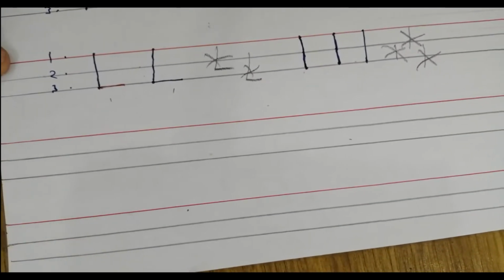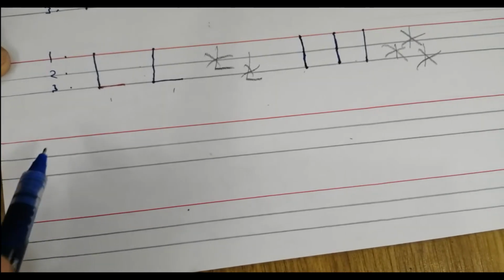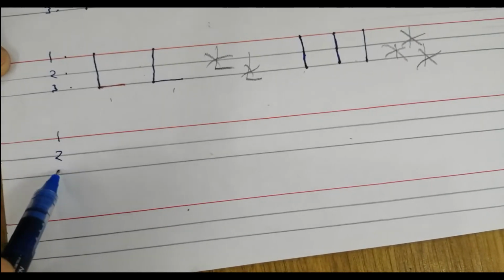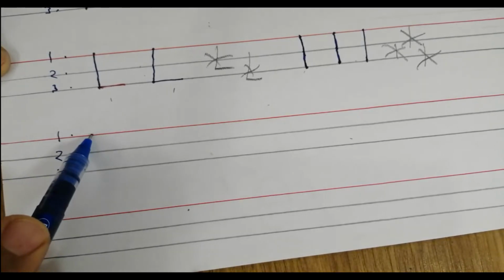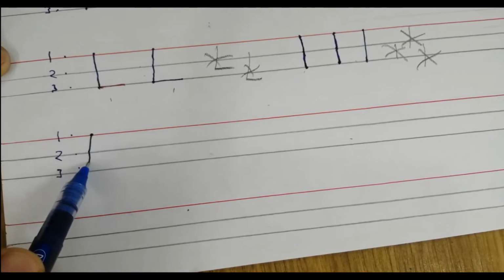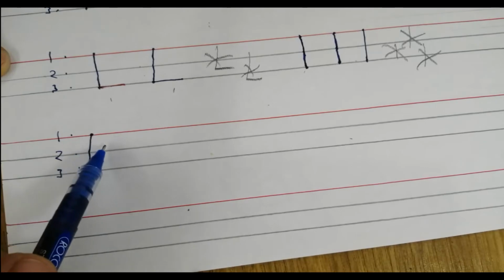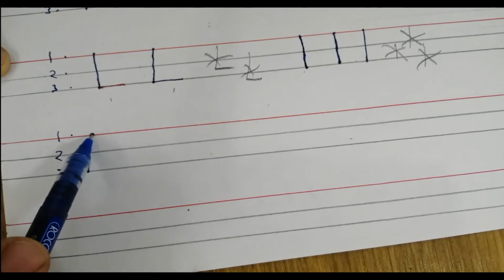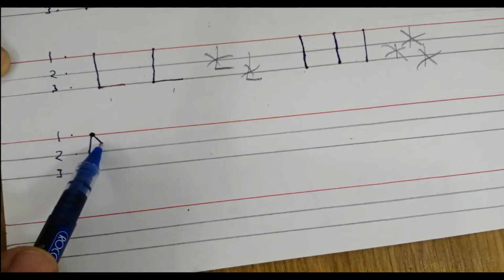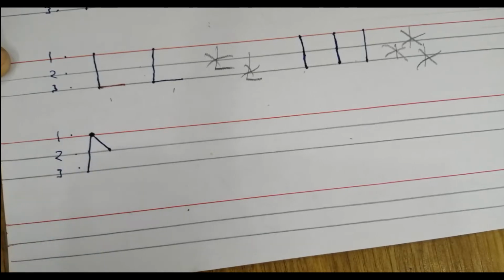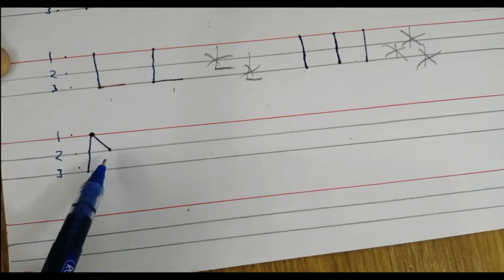M. How to write M? 1, 2, 3. The same 3 lines. First line, number 1 to number 3. Then we have a falling line from number 1 to number 2, and make a zigzag now.